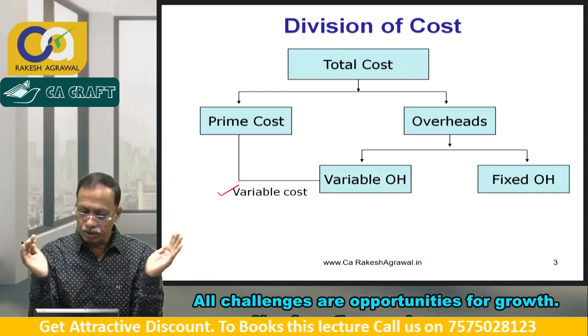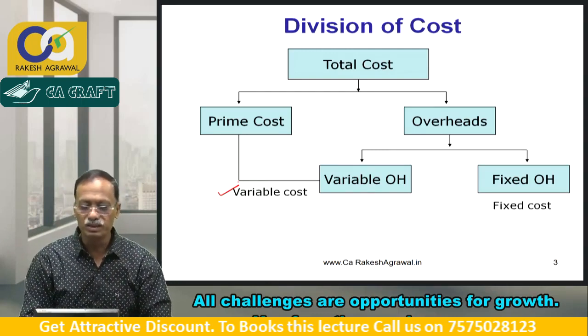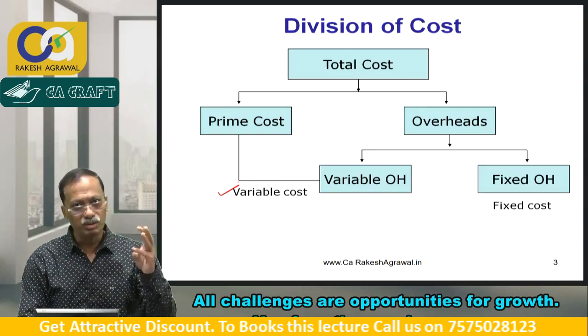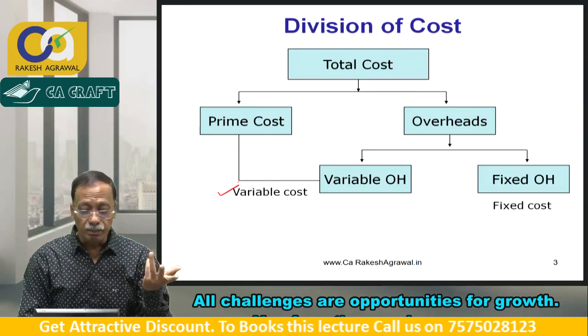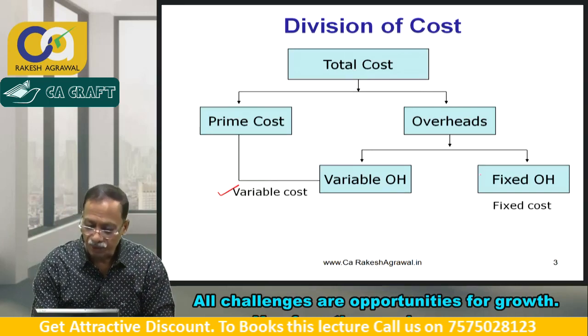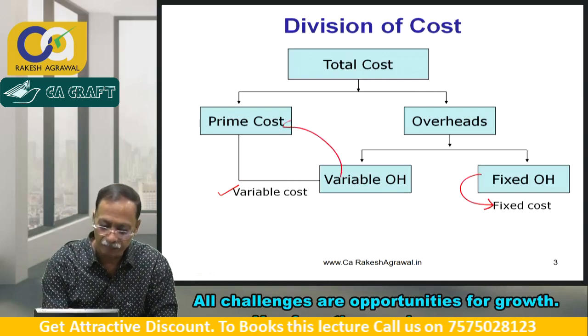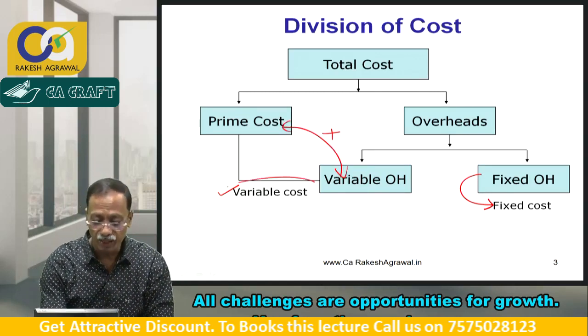So prime cost plus variable overheads is variable cost and fixed overheads is fixed cost. In the question they may tell you fixed overheads, or the word used is fixed cost, both mean one and the same, because prime cost is never fixed. So fixed overheads become your fixed cost and variable overheads plus prime cost together will become your variable cost.